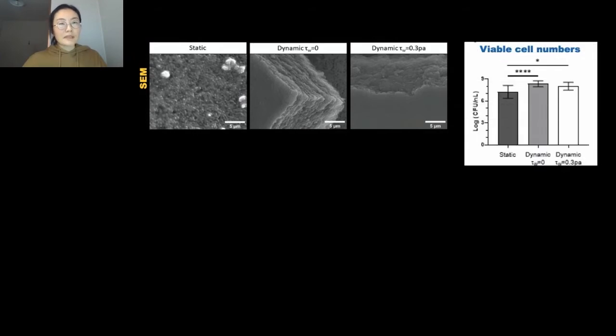The viable cell number counts further demonstrate that the bacterial number encased in the biofilm formed under dynamic conditions was tenfold higher than in static cultured biofilm.